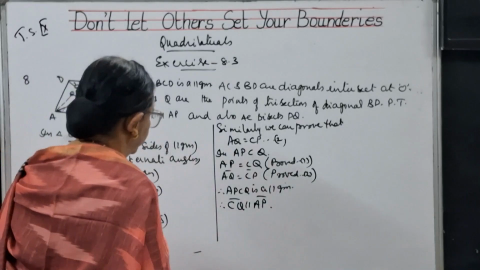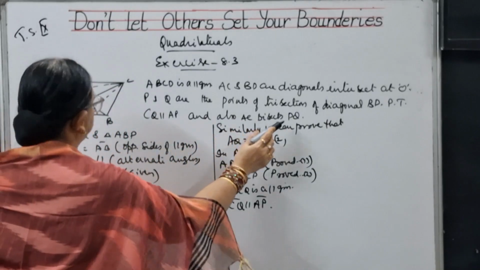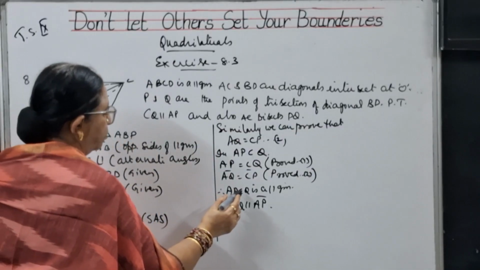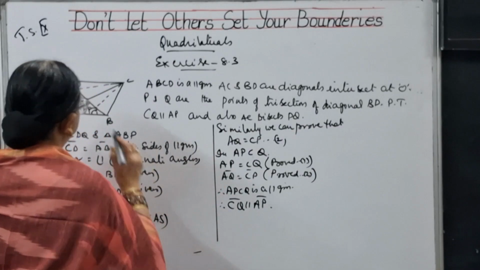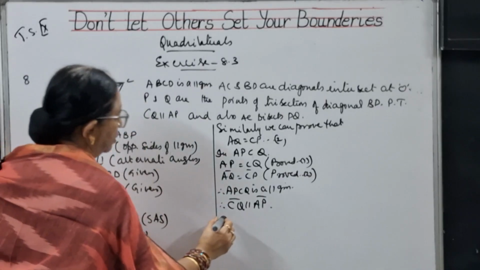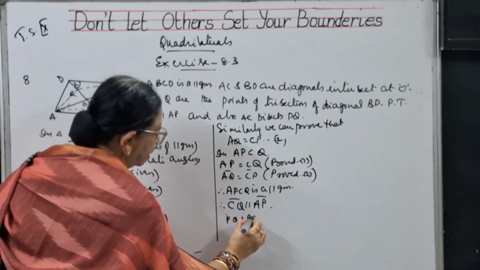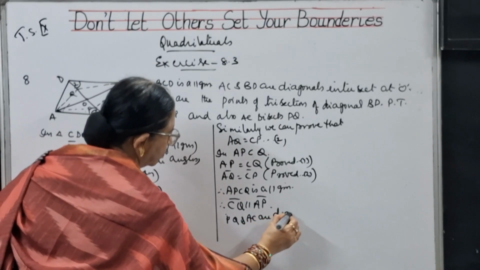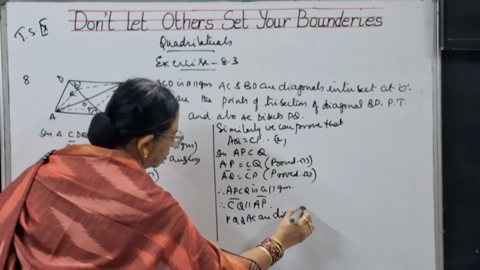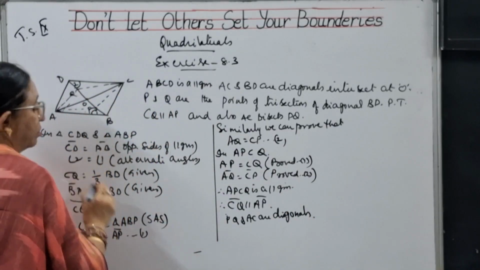And the second part is, what is the other one they have said? AC bisects PQ. When APCQ is a parallelogram, then PQ and AC are diagonals.